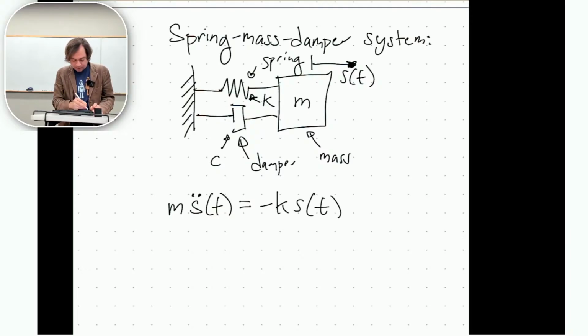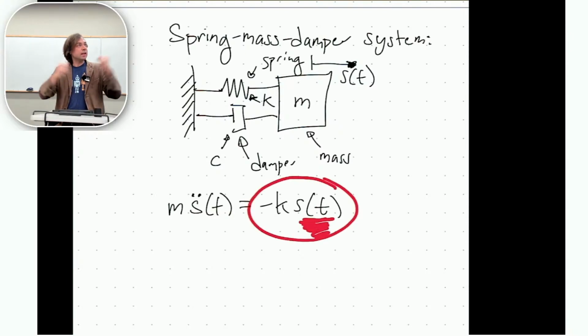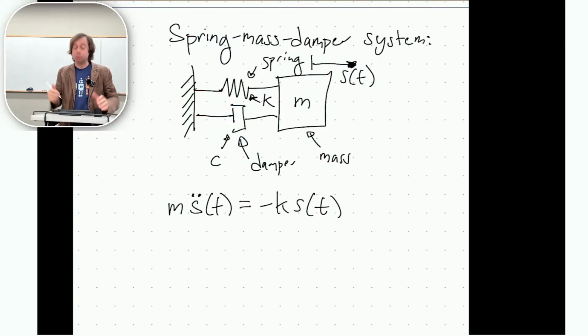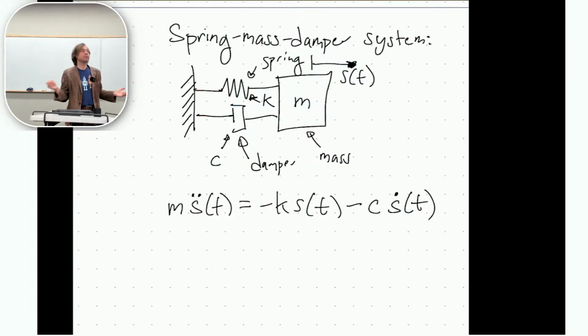And the beauty of a damper is that instead of fighting position and stretching, it fights rates of change, right? The velocity. The faster it's moving, the more it fights you. So it's actually minus c times S dot of t, right? Okay. Those are our dynamics for a spring mass damper. You've seen them before. Okay.